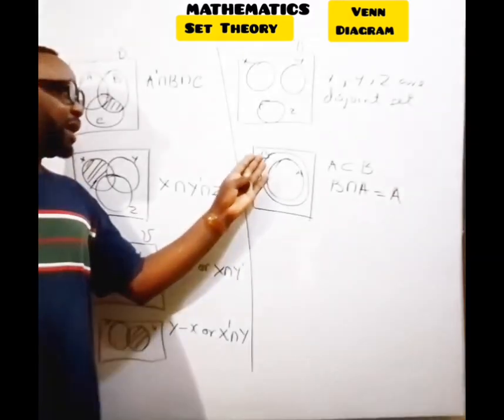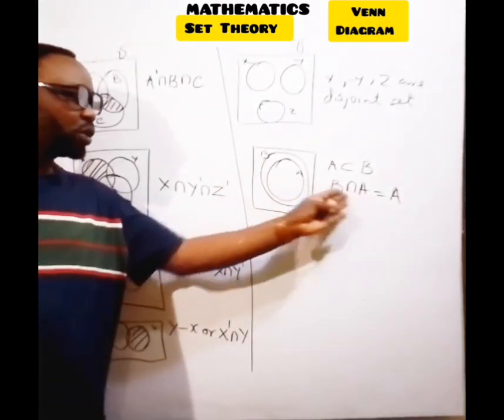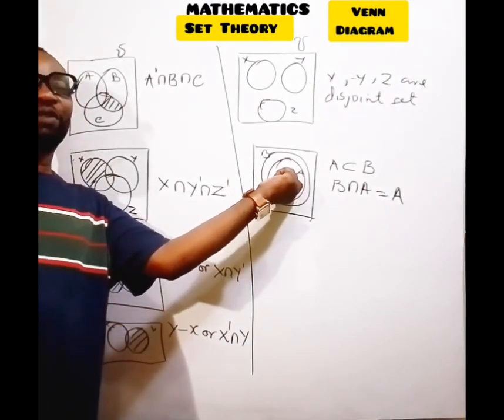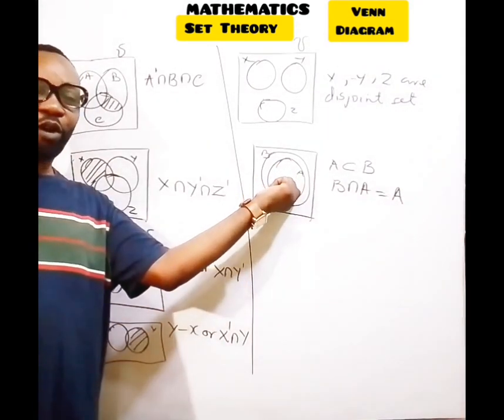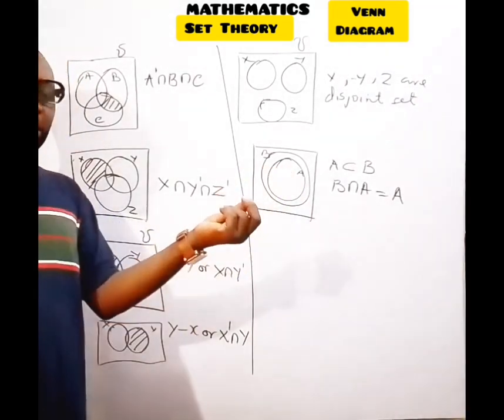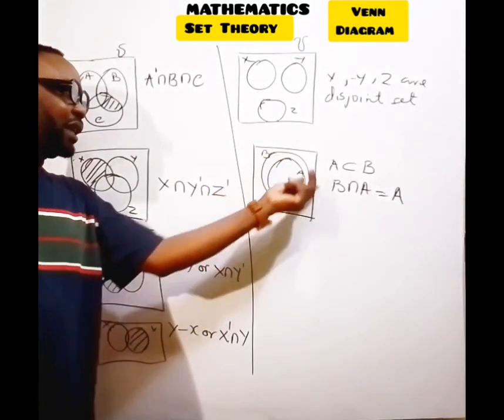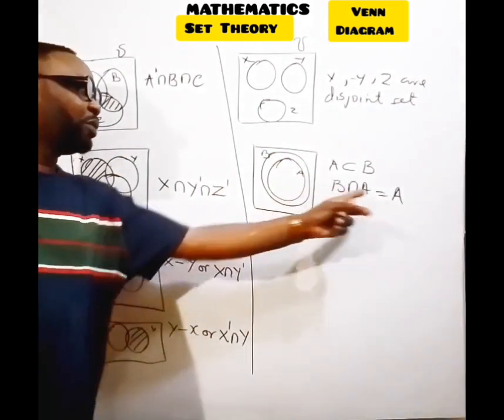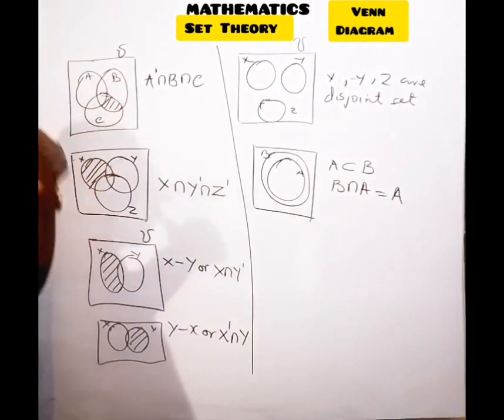It means that B intersection A will be equal to A itself. Anything that is common to them is also a value inside A. So when you bring it out, anything outside this A does not have anything to do with A. So B intersection A will be equal to A itself.